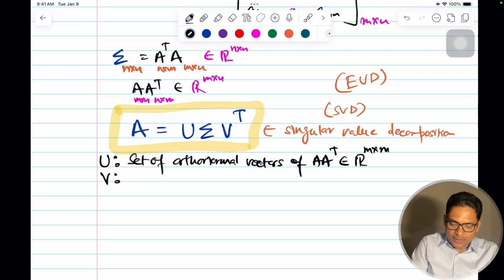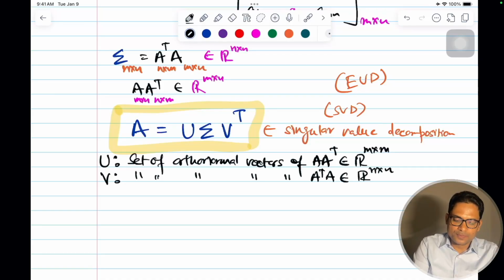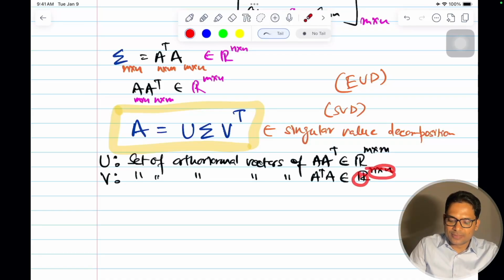V will be the set of orthonormal vectors of A transpose A. That's what we started with. This will belong to R of n cross n. These are the dimensions that we got. So this is an n cross n matrix that we got finally.